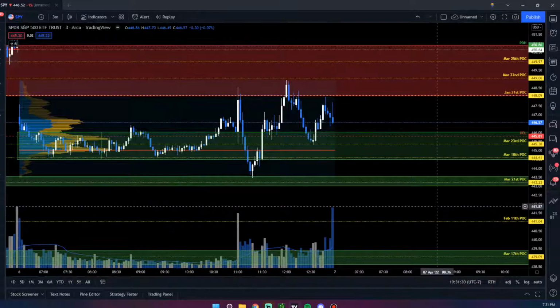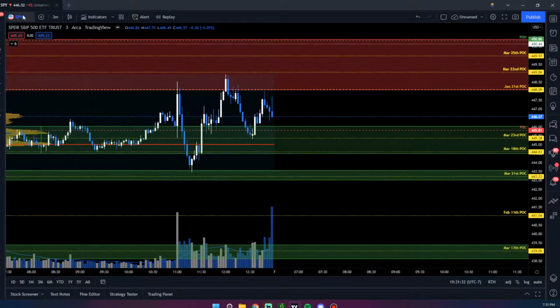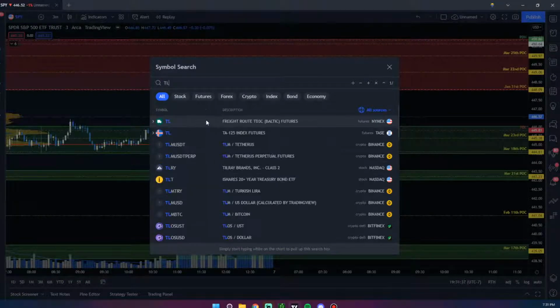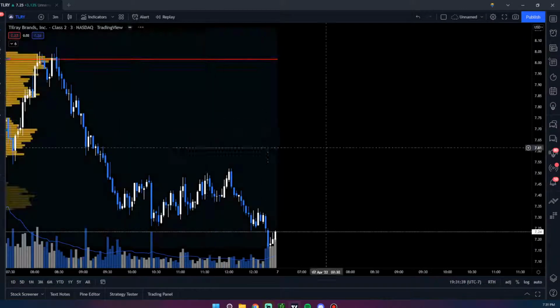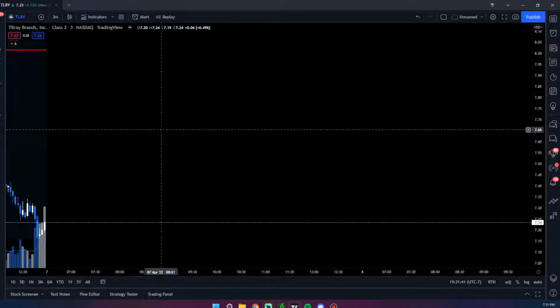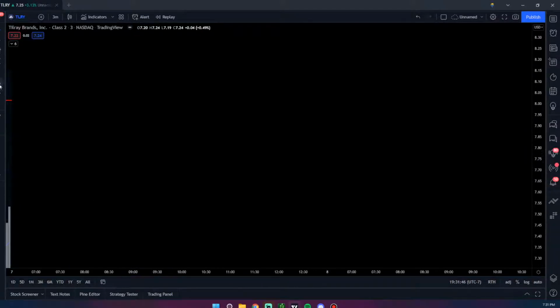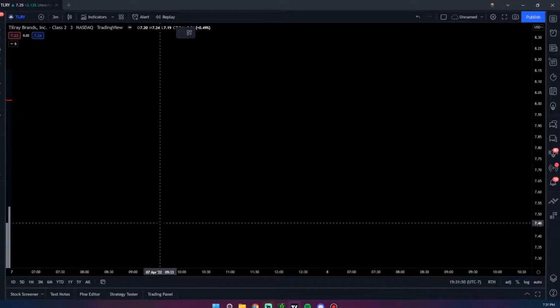So then, let me go to a chart that I just never use for anything. Tilray. I just want to really quickly outline bull flags and bear flags.